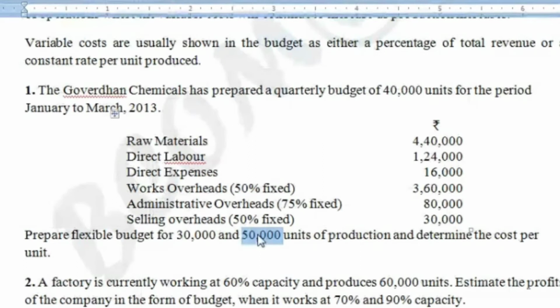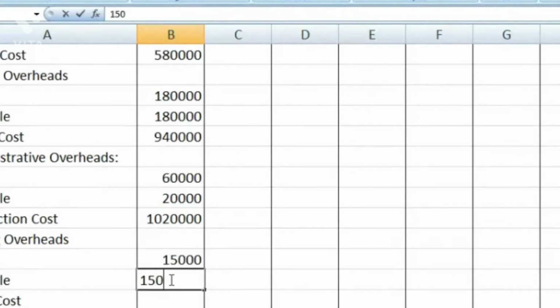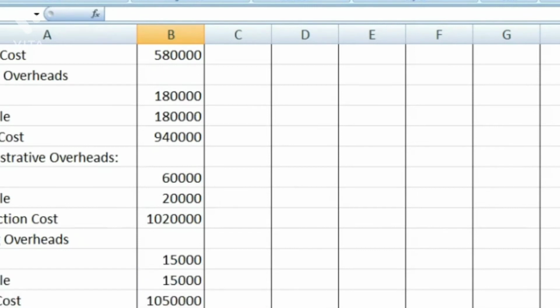Selling overheads are 50% fixed and 50% variable. Total is given 30,000. That's why here 15,000 and 15,000. And now make the total once again. This plus this amount and plus this amount. So it becomes 10,50,000. So 10,50,000 is the total cost.